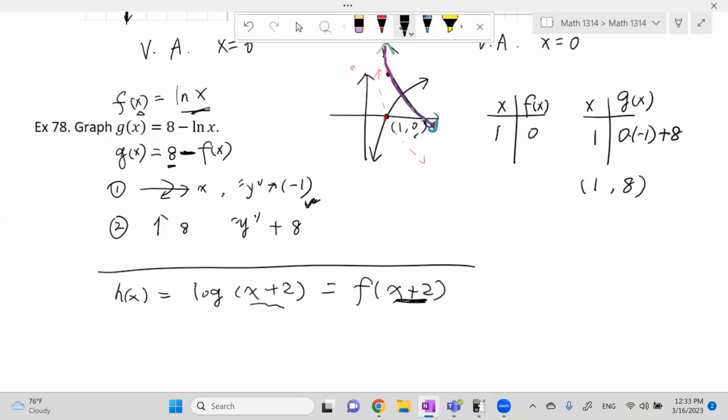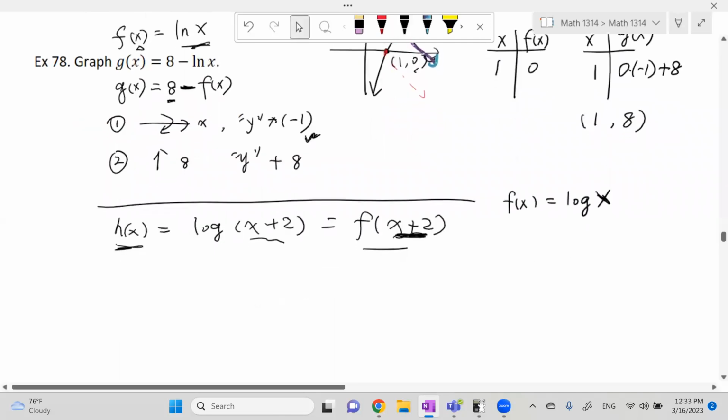For example, f of x equals ln x, so we replace the x with x plus 2. So we can find the relationship between h and f. That means we are moving to the left 2 units, all the x minus 2.